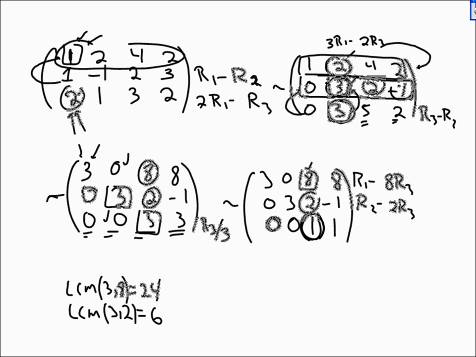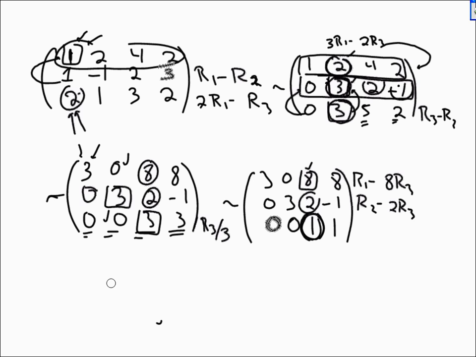And notice the way I'm doing it, I'm not affecting column 1 and 2. At least not where the leading entries are. Possibly I'm changing the leading entries to something else, but I'm not getting rid of the zeros. The zeros have to stay.